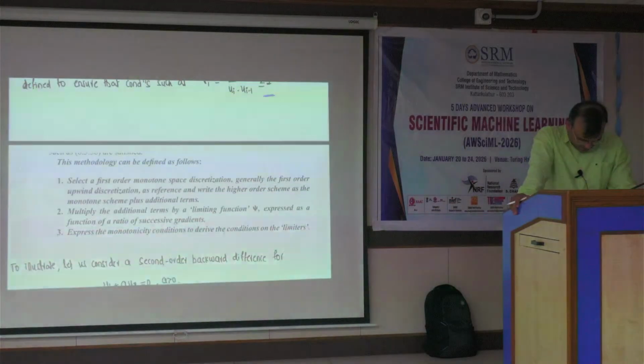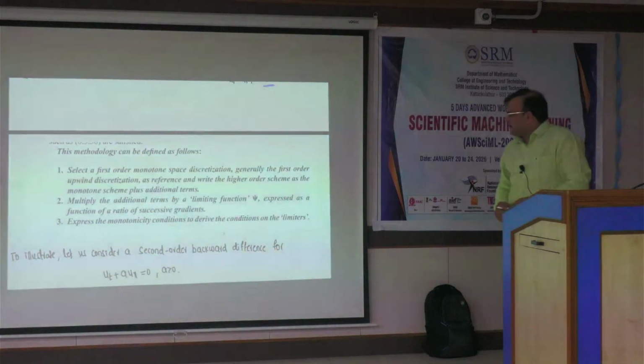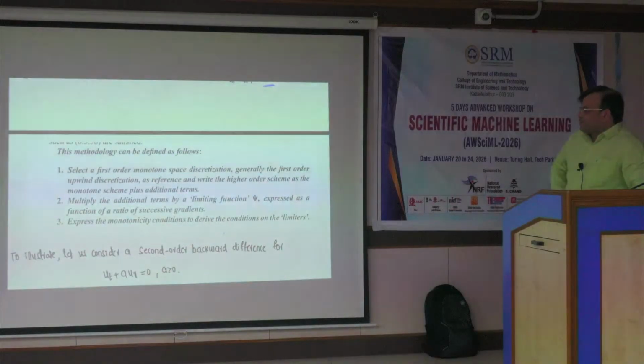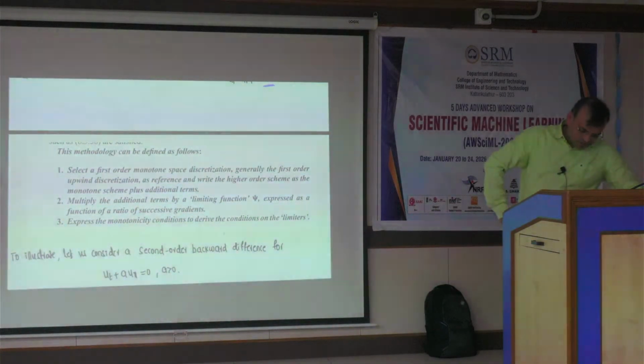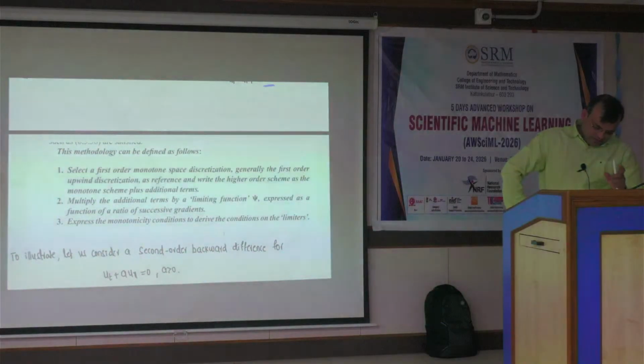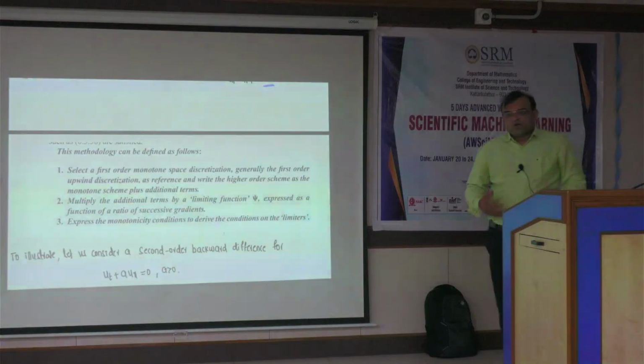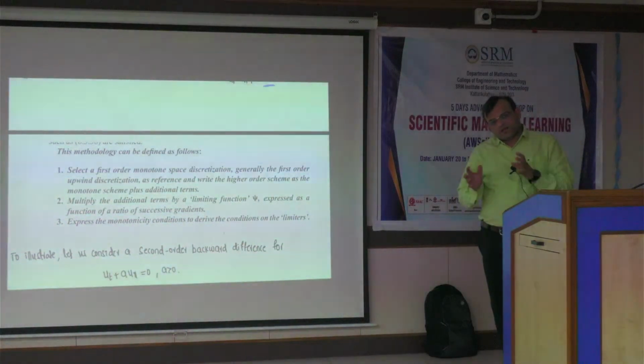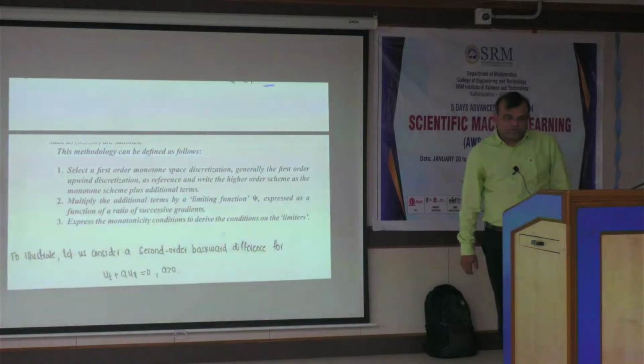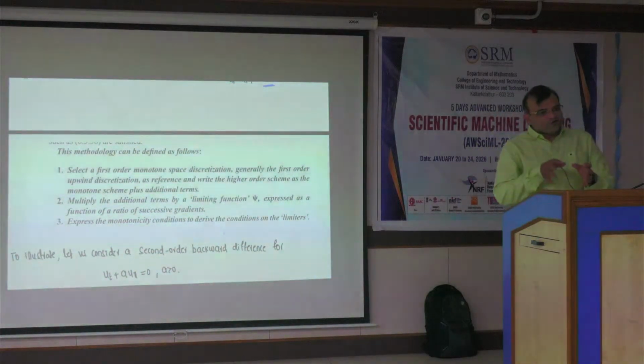To construct any second order scheme, select any first order monotone space discretization as a reference, and write the higher order scheme as the monotone scheme plus some additional terms. Multiply the additional terms by a limiting function psi, then express in terms of successive gradients. Then you introduce some kind of switching function to control the numerical solution.